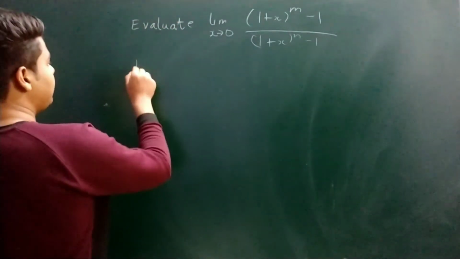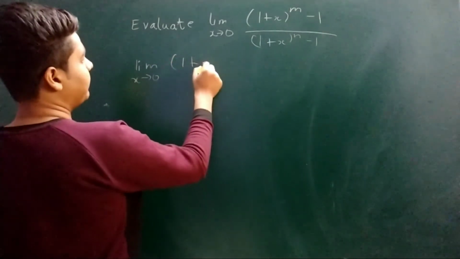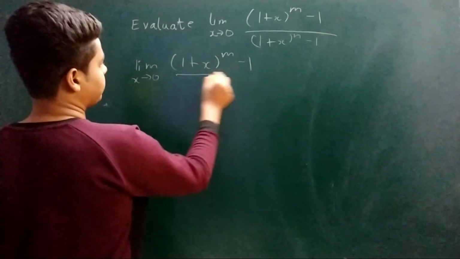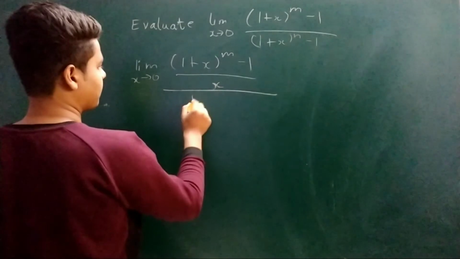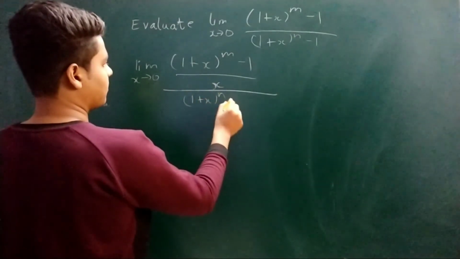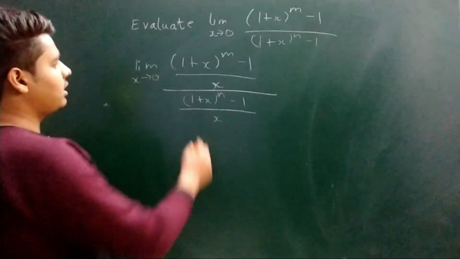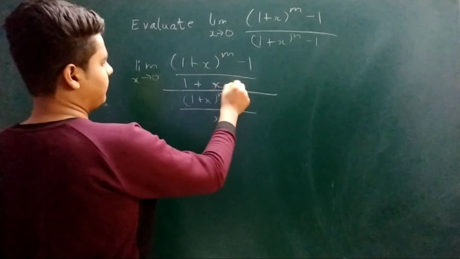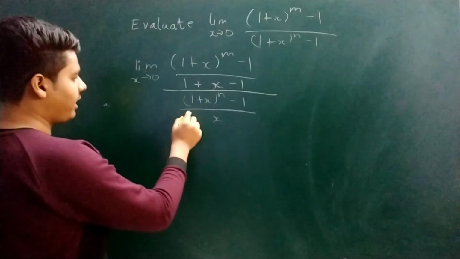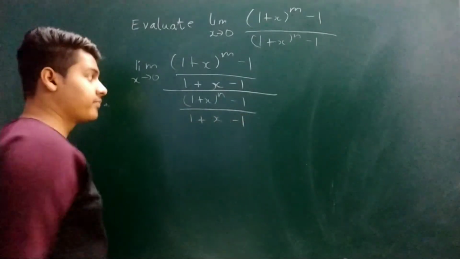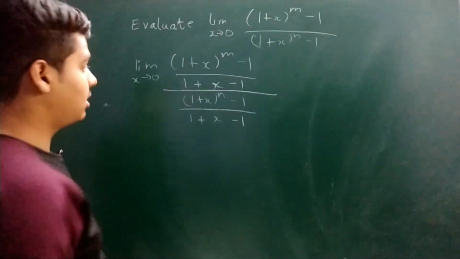For this, we simply divide both the numerator and the denominator by x. After this, if I add 1 and subtract 1 in the numerator, the meaning will be the same. And for the denominator also, if I add 1 and subtract 1, it is again the same, because 1 and minus 1 get cancelled out.